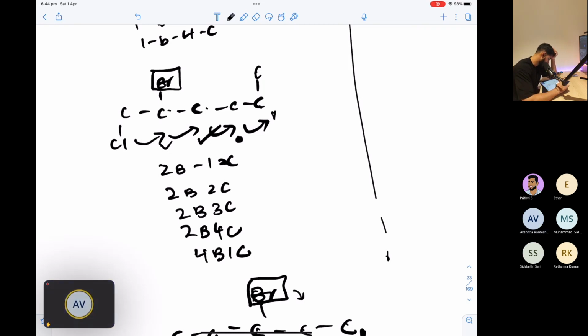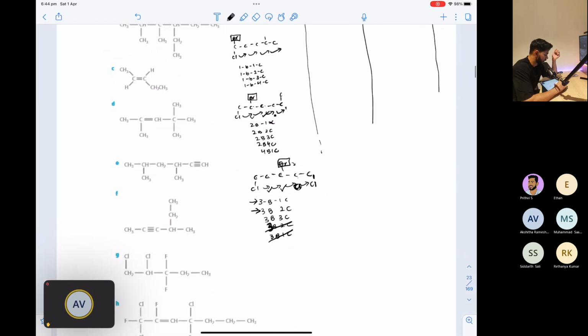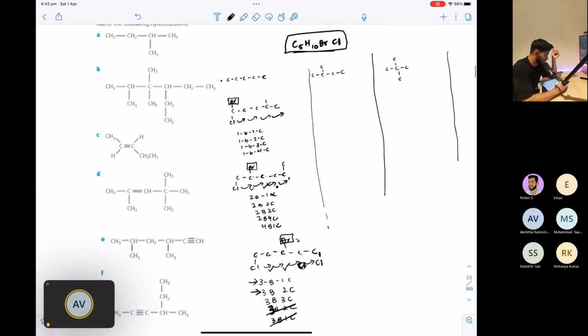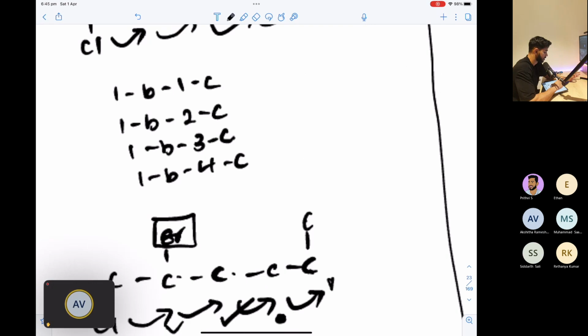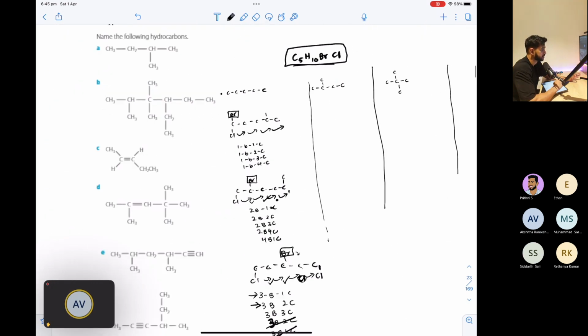Good. Yeah. I was also slightly rushing it just so we can quickly get through the principle. But hopefully you all understood. The key goal here is to lock one substituent, move the other one everywhere, and write down the number. Do you see how I'm focusing on the number location of each of the substituents?